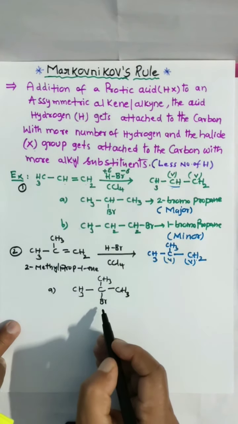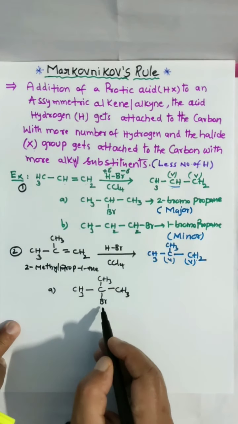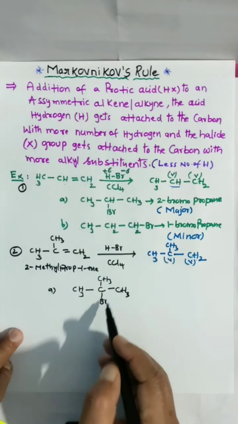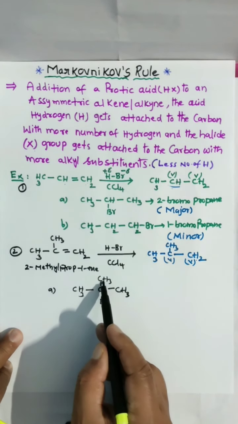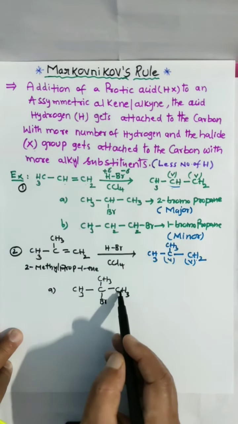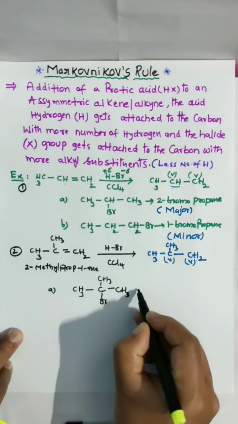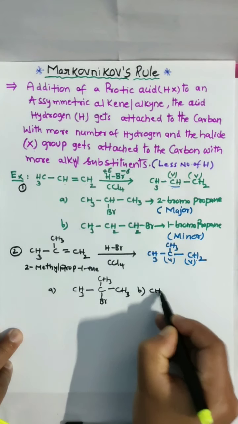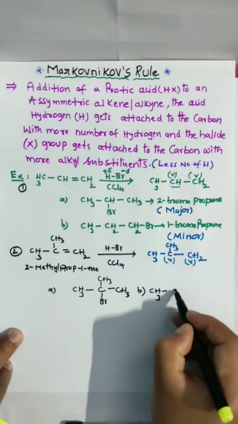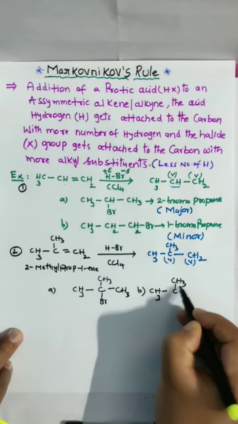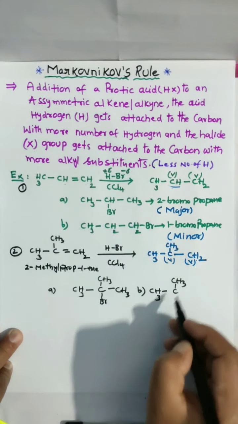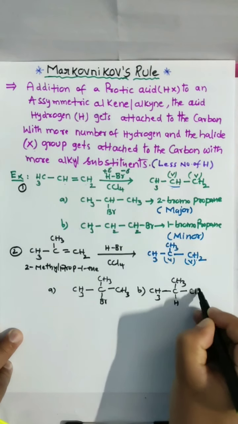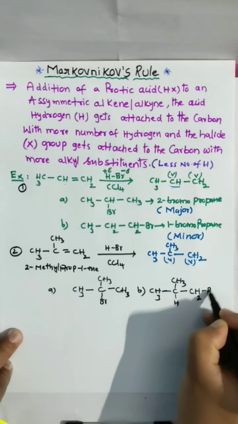Now you got 2-bromo 2-methyl propane. 2-bromo 2-methyl propane. This is one product. And another product we got. CH3 bond C, CH3, and this time hydrogen attacking here means CH bond CH2Br.